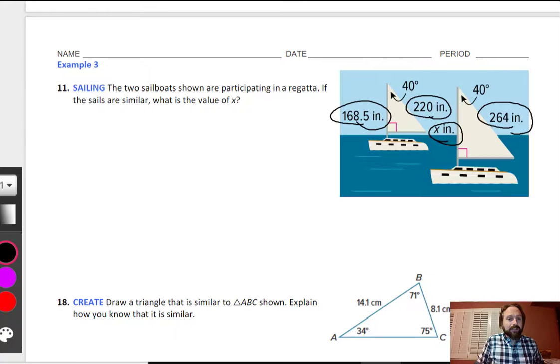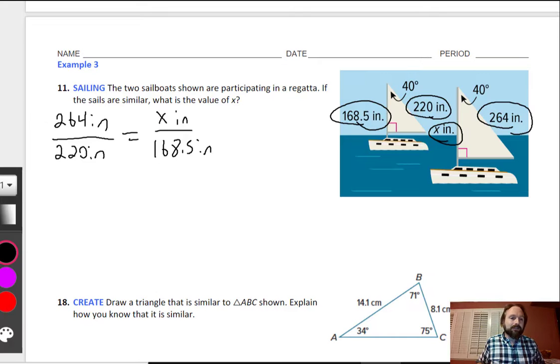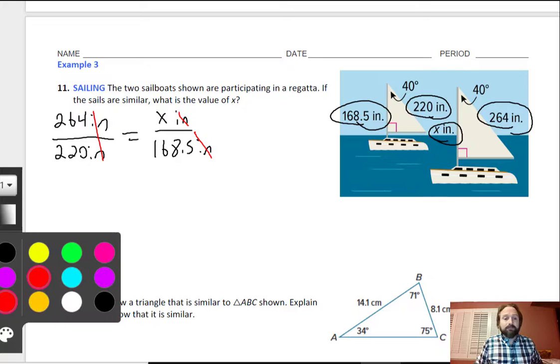I'm going to create my proportion: 264 inches divided by 220 inches will equal x inches over 168.5 inches. Now I can get rid of all my inches because we're solving for x, and x is just a number.